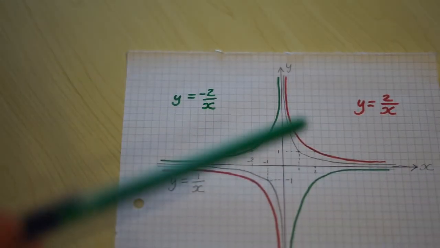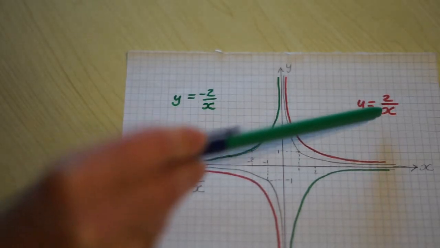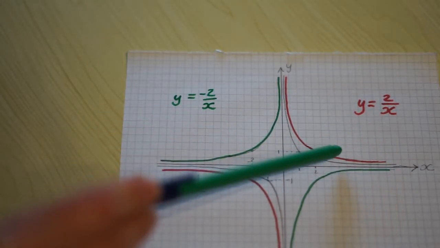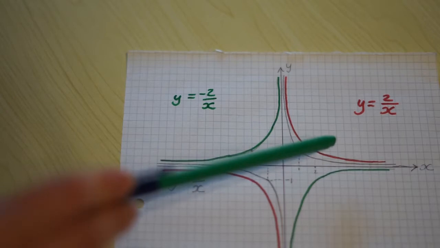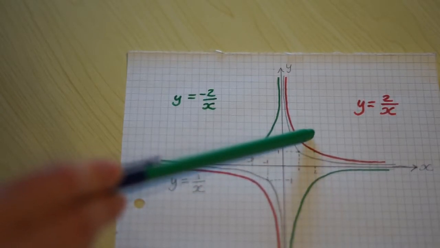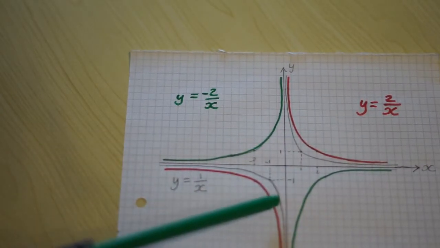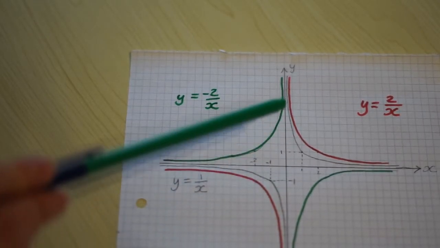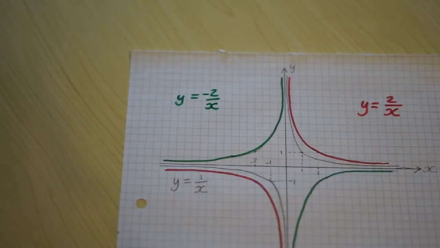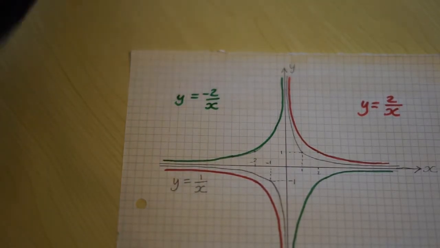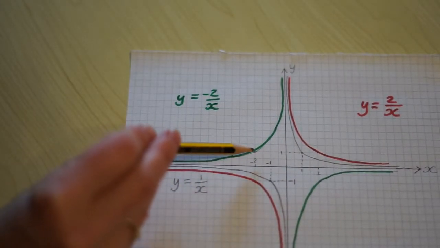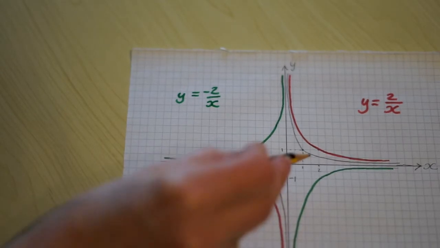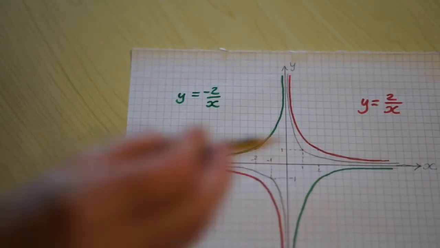The positive values of the red graph, y equals 2 over x, have now become negative. So these negative values have now become positive, because we're multiplying by a negative number. So this green graph goes through points -2, 1 and 2, -1.